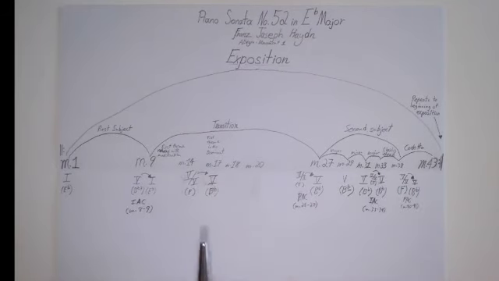But at measure 38, we enter what I've labeled as a codetta. Now, this begins with a half note figure.